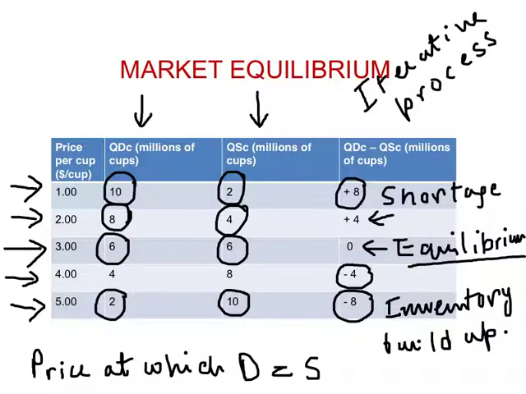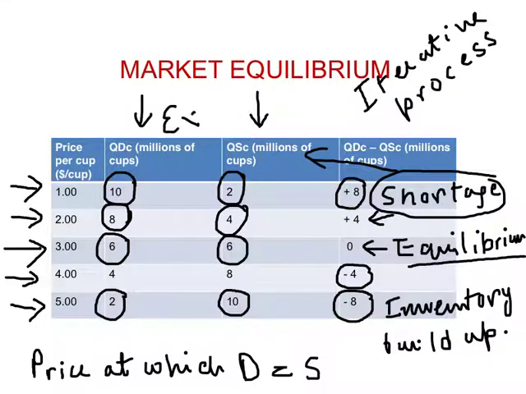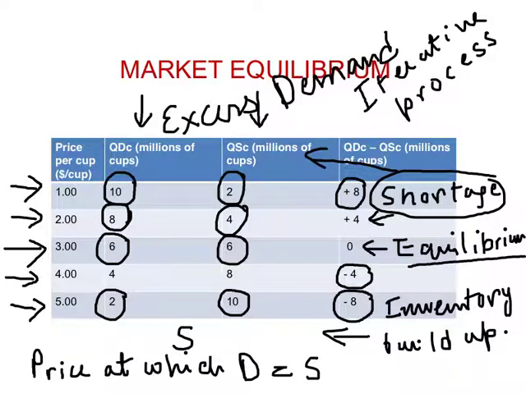Now some terms that I may use interchangeably. Another term for shortage is excess demand. I'll write excess demand. Why? Because demand exceeds supply. Another term for inventory buildup is surplus in production.